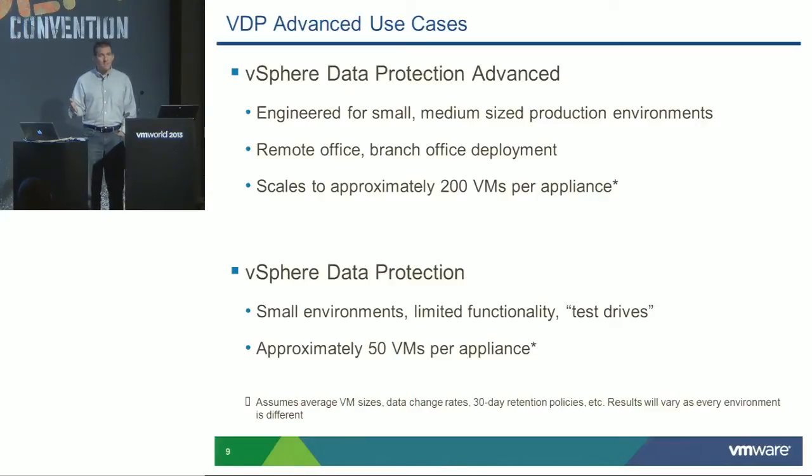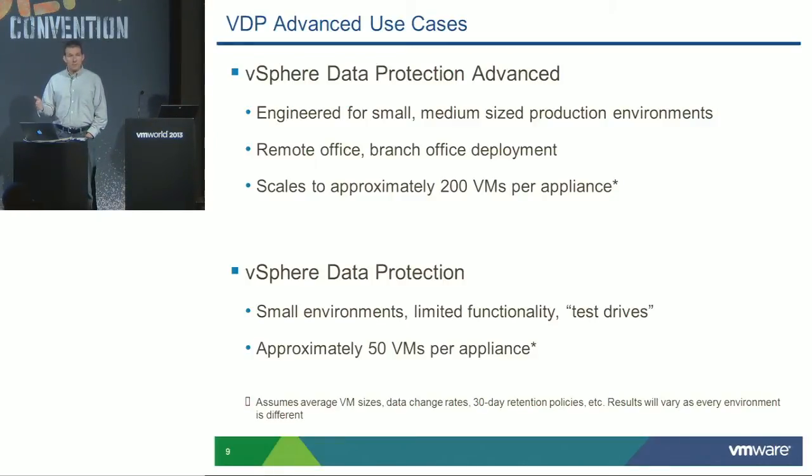Again, it doesn't matter how many VMs that are on those hosts there. So very simple licensing. From a scale standpoint, what you will find is VDP Advanced will support roughly 200 VMs per appliance. Now that's based on average size VMs, average data change rate within the VMs, retention policy of around 30 days or so.